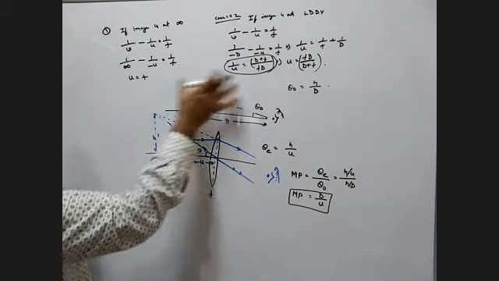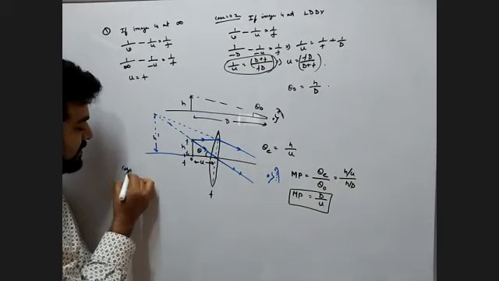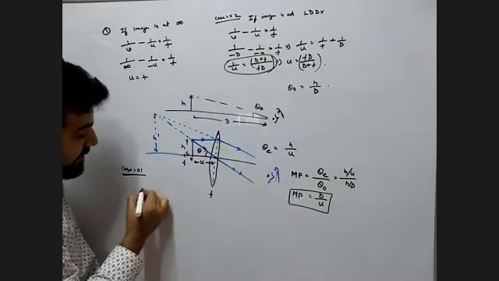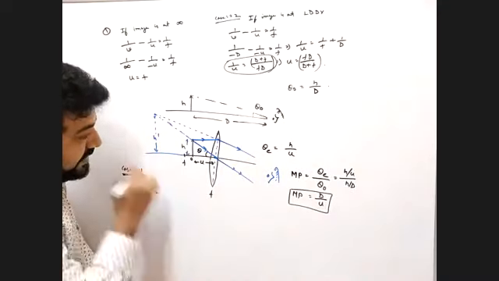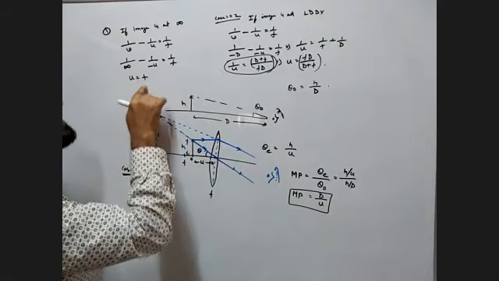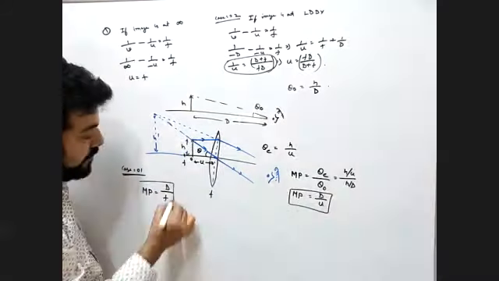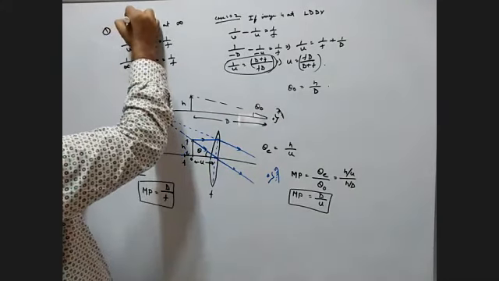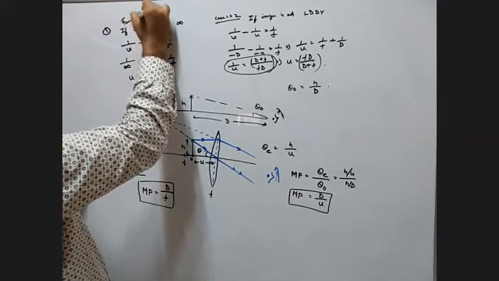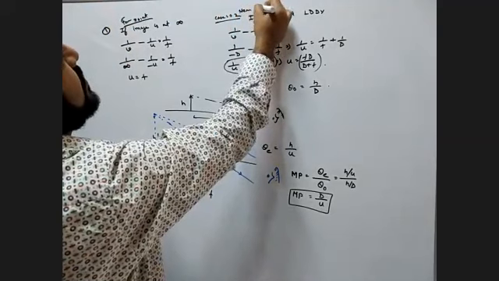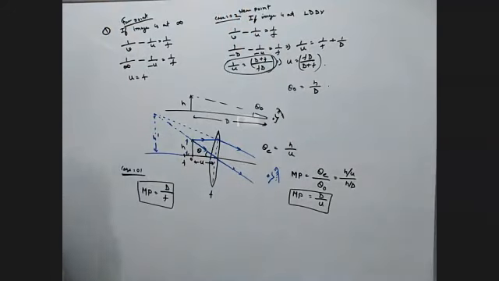So according to my case 1, magnifying power is d by u, u is f, when the image is at infinity, that means far point. Case 2, near point.